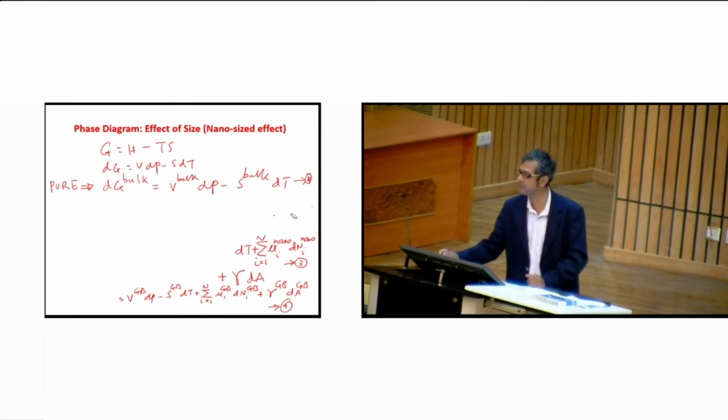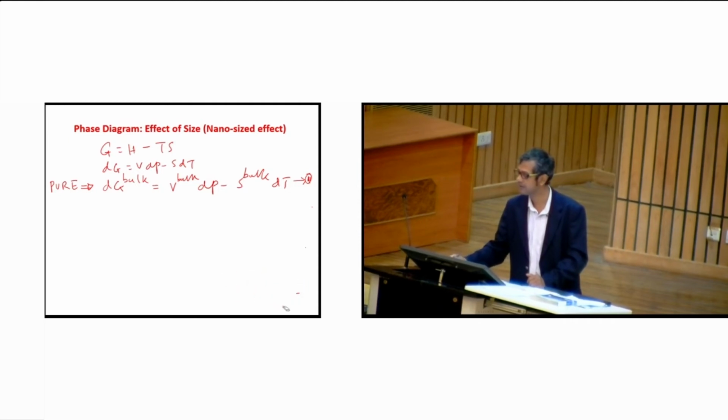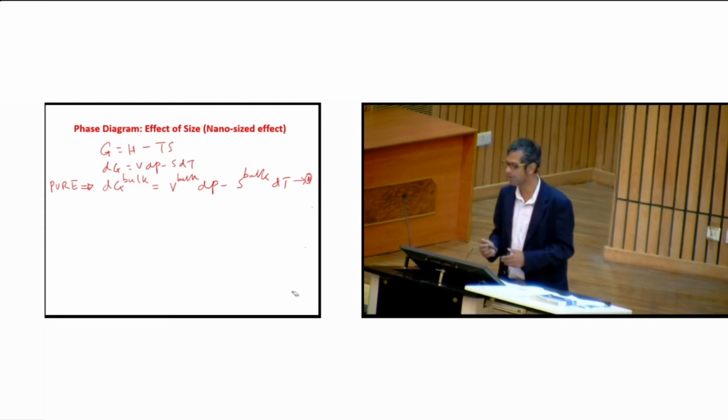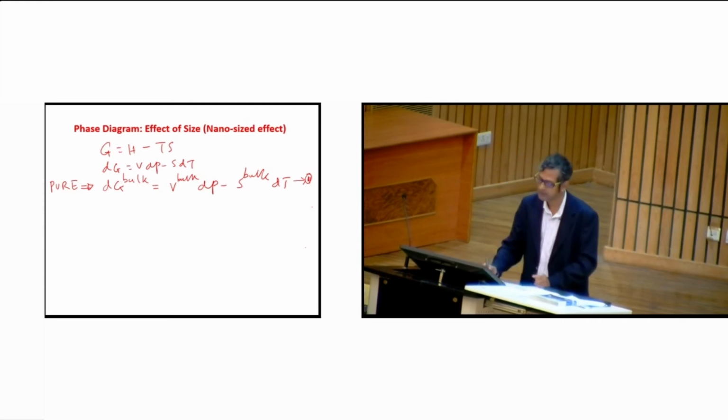Our basic purpose is to calculate the gamma as a function of chemical composition. That is our basic job. In order to do that, I am explaining many fundamental concepts so that you don't forget and nothing is lost. Correct.